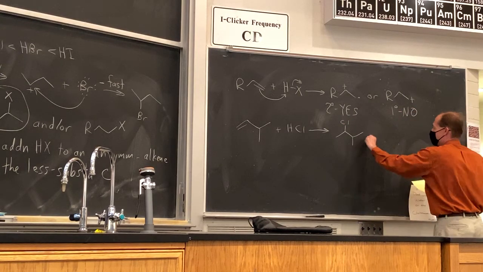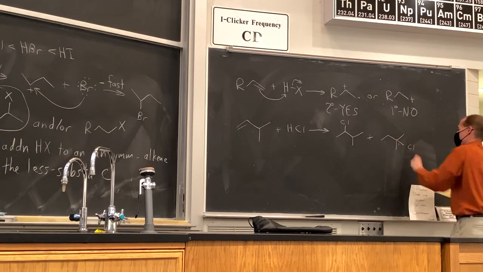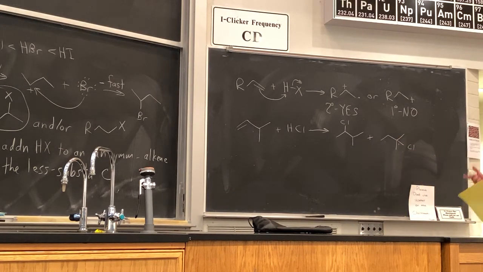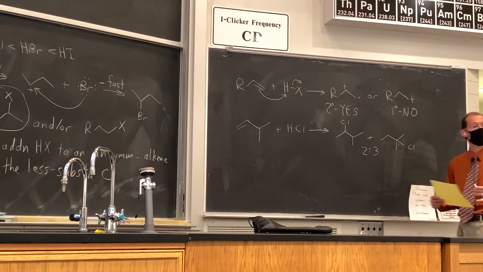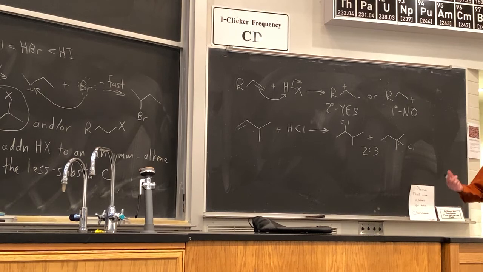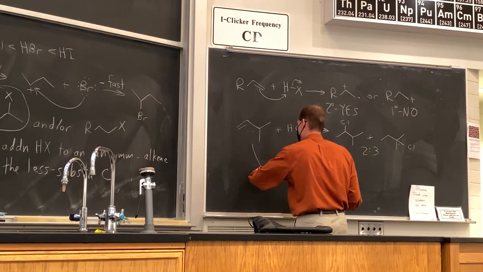But that's not actually the main product. The main product has the chlorine on a carbon that wasn't even part of the alkene. And so that has to be generated from a rearrangement. In this case, the ratio between these products was 2:3, and the rearranged product was the major product. So what's happening?